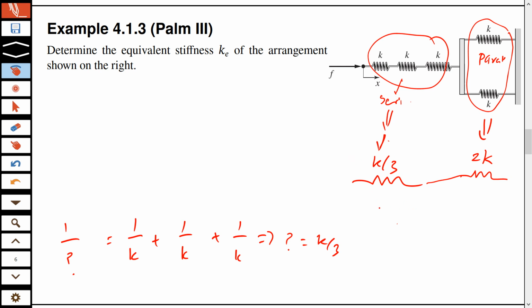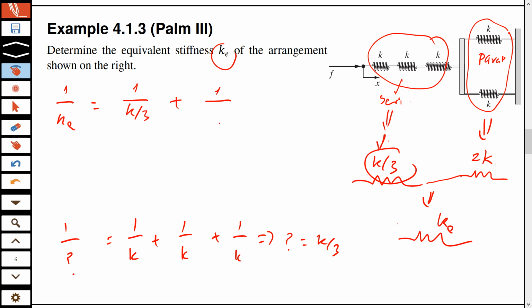For series, we know that if I now want to represent this by a single equivalent stiffness ke, then 1 over ke is 1 over k third, a third of k, plus 1 over twice k. Okay, and that means that ke is the product of the two, 1/3 k times twice k, over 1/3 k plus twice k.